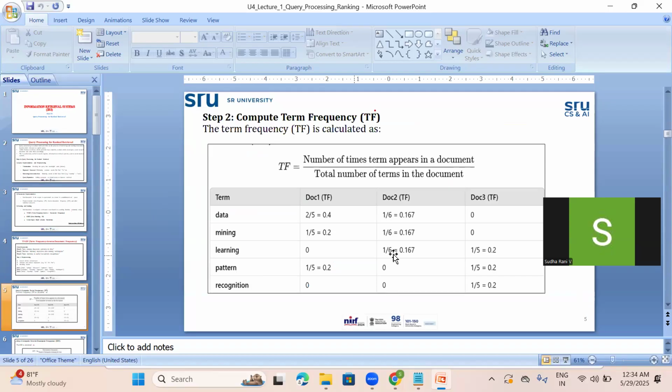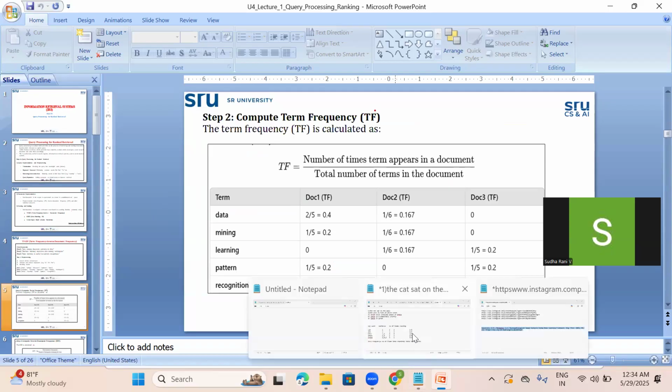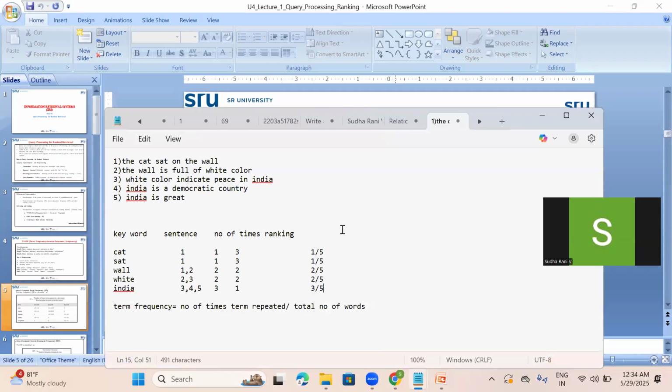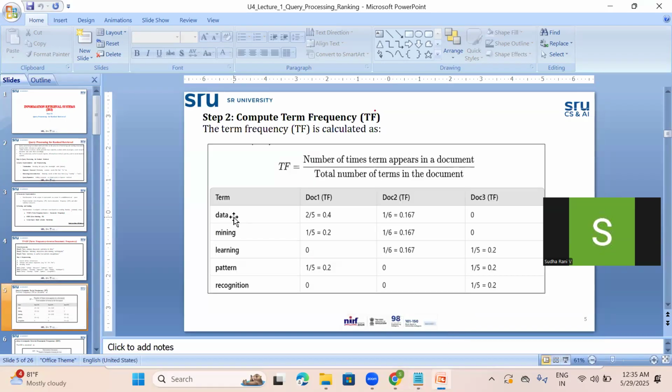Next, calculating the term frequency. Term frequency equals the number of times a term appears in the document divided by the total number of terms in the document. Here we have terms like data, mining, learning, pattern, recognition.